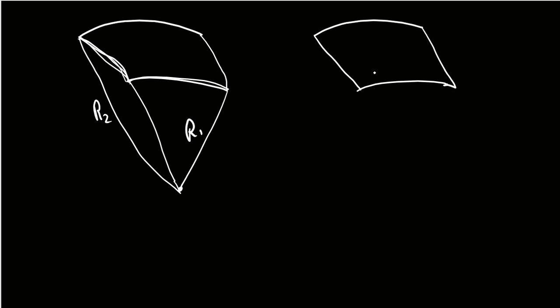Suppose this radius of curvature is R1, but for this straight line the radius of curvature tends to infinity. We all know the radius of curvature of a straight line is infinity. So here R2 tends to infinity. In the earlier case, R1 and R2 are both finite values and both are different.